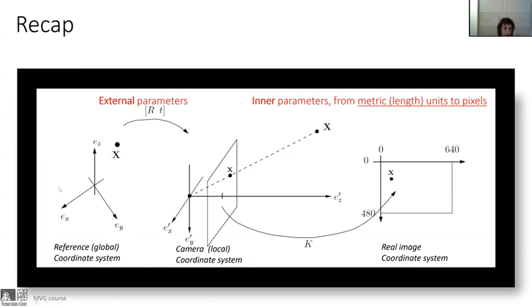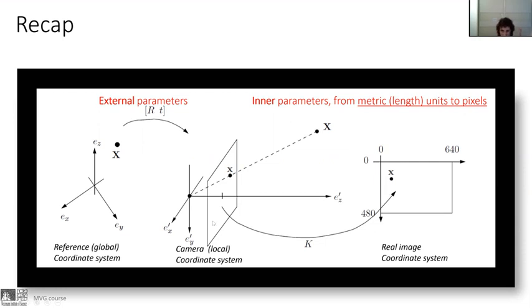We have a reference global coordinate system, something which is fixed and I do not touch it. Then I have many cameras. For example, I have one camera here, and to move from the reference global coordinate system to the local coordinate system, I have the external parameters, which we called R and T. Then this 2D image plane is transformed to the image coordinate system of the camera itself.